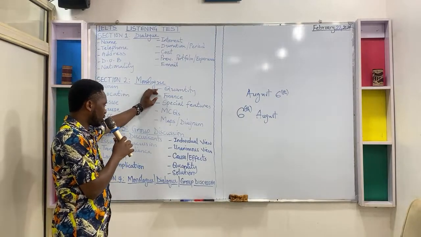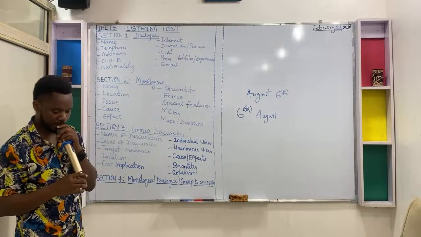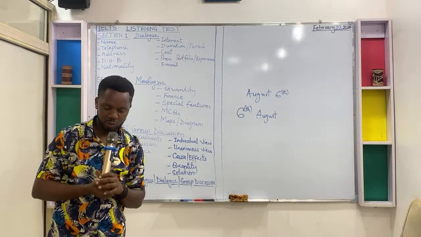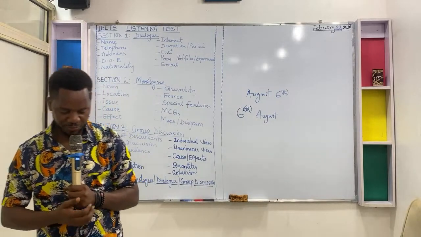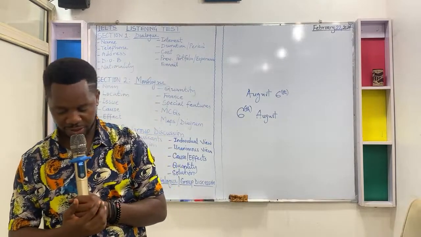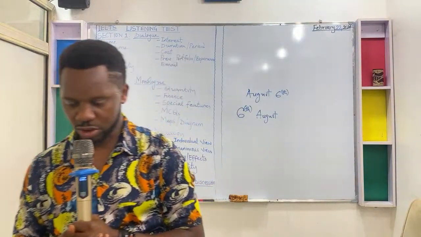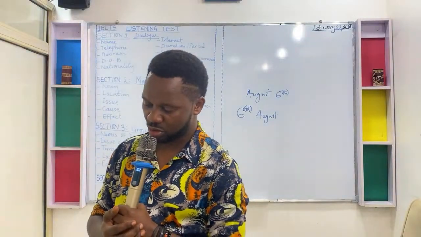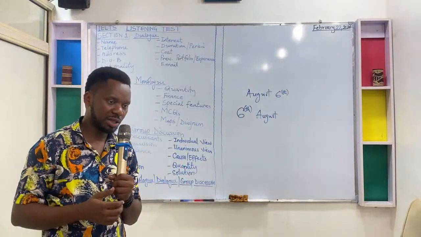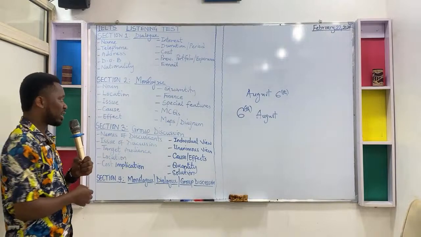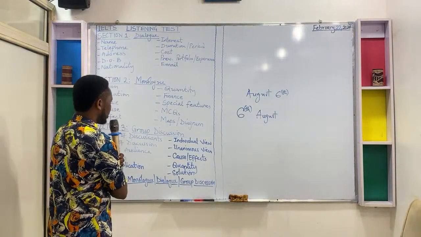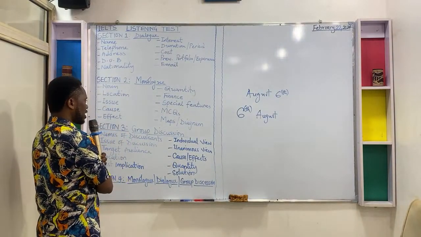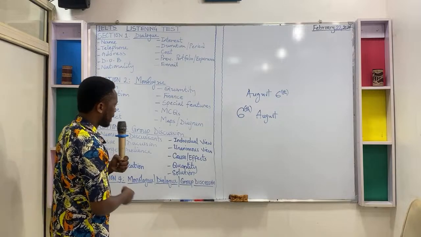And what's the financial cost or implication? Perhaps how much it will cost each person to afford such an innovation or invention, or how much it will cost the government to combat the situation to the barest minimum. You will have to listen and get that information as well. Then let's look at special features.